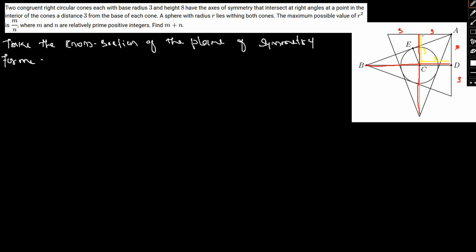So the idea would be to take the cross section of the plane of symmetry formed by the two cones.